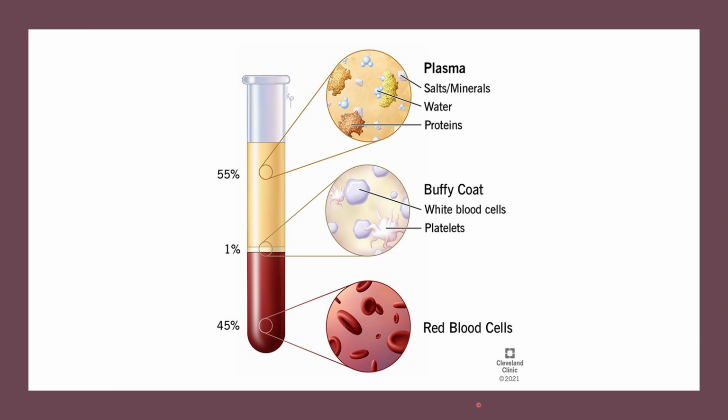And it's composed of plasma, which is 55%, the liquid portion that is about 90% water and carries protein, electrolytes, hormones, nutrients, and waste products. Then the formed elements, we have 45%, includes erythrocytes, the red blood cells, leukocytes, the white blood cells, and the thrombocytes, the platelets.